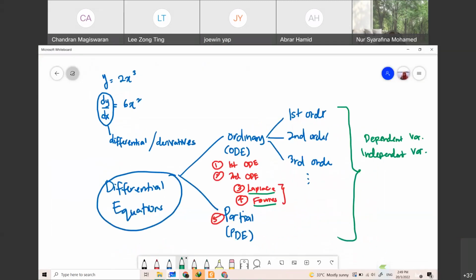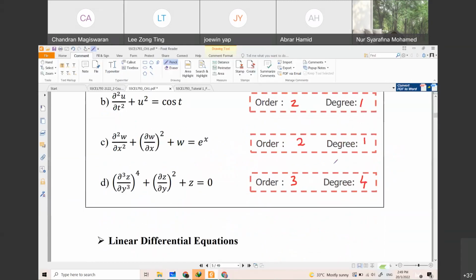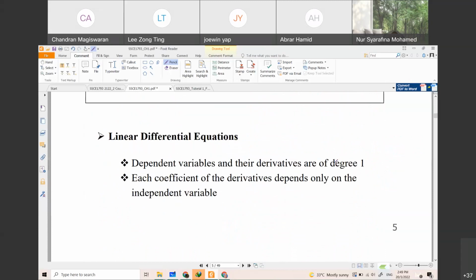So of course, in understanding differential equations, you know that there are ordinary and partial ones, determined by the number of dependent and independent variables. And then you know how to identify the order and degree. And then linearity.